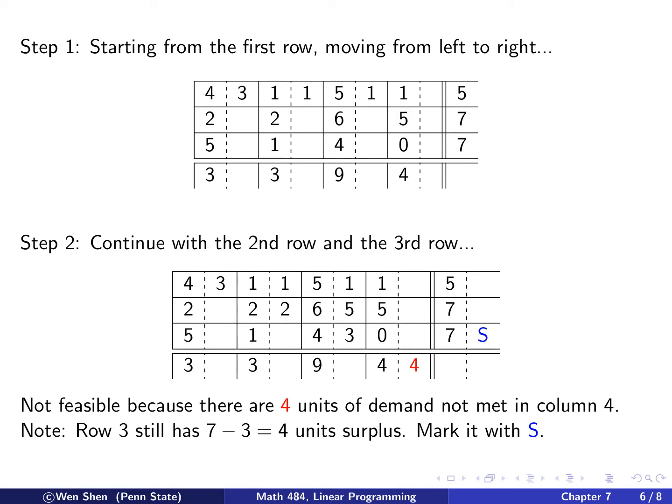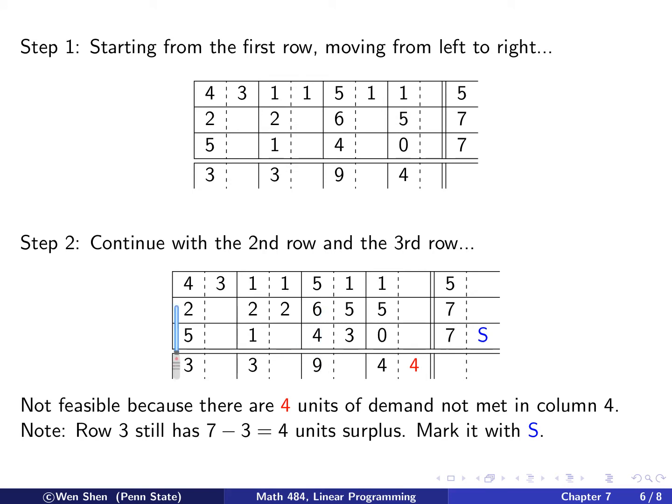Okay, that's 2. Now move to destination 3. Destination 3 needs 9 units, and 1 unit is already there, so it still needs 8 units, and the capacity is 6. So at most I can ship 6.